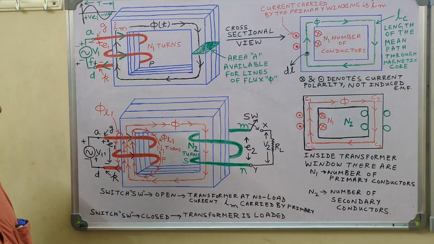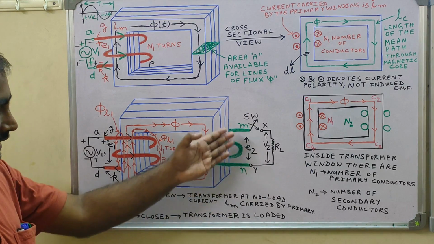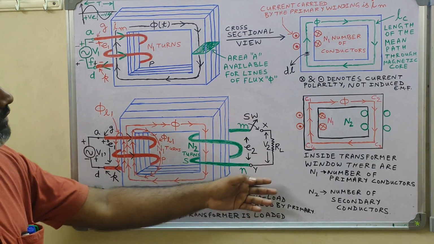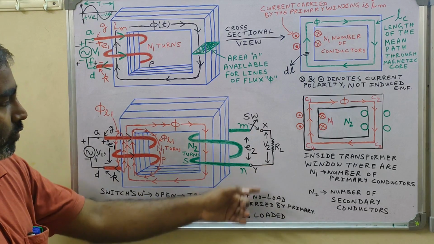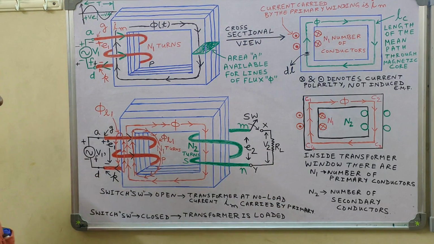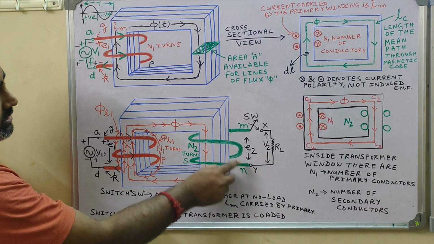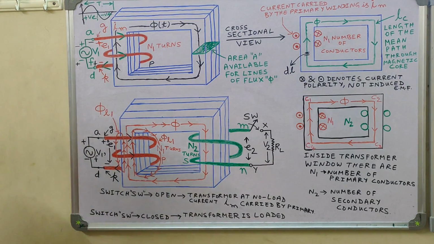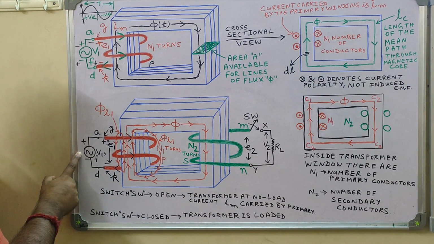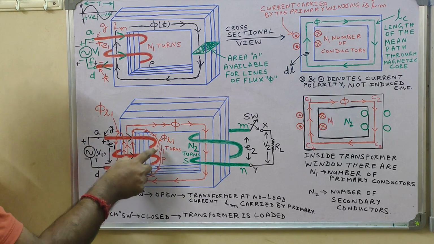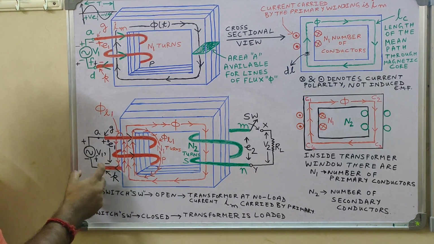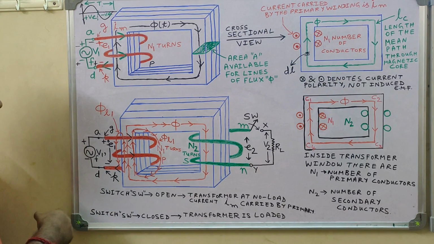So the load which will be connected across the secondary windings of the transformer has two terminals named X and Y, and M and N are the two terminals of the secondary coil. Now, what is the nature of the applied voltage? Sinusoidal. So the current flowing through the primary winding will also be sinusoidal.